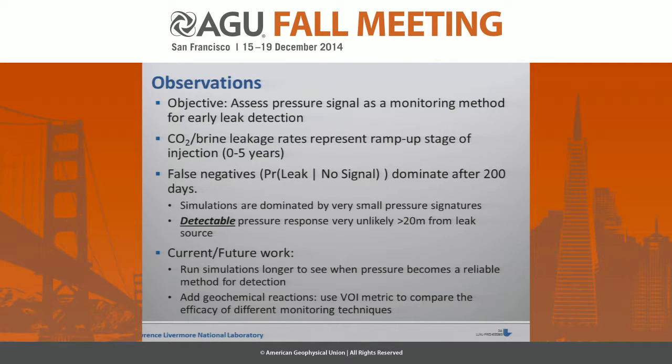And we see that false negatives are dominating, and that's again because our simulations are dominated by very small pressure signals. And so the current and future work is to run our simulations longer and see when pressure becomes a reliable method for detection, and to add back in geochemical reactions and use the value of information metric to compare the two monitoring techniques. Thanks.